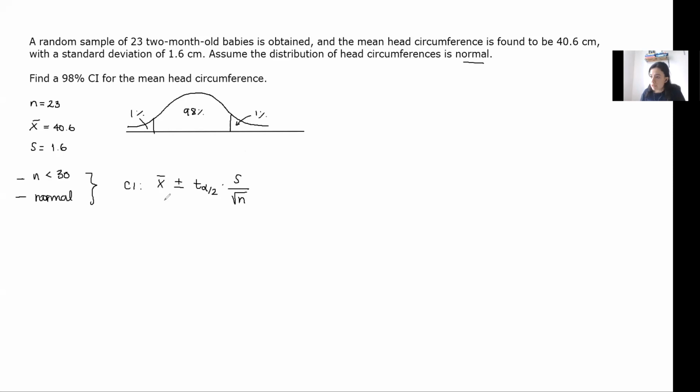I have X bar, I have the value of S, I have the value of n, and the only thing that I'm missing is the value of T alpha over 2. That corresponds exactly to the value that I'm trying to find to separate here. So far, so good. Please raise your hand if you understand.